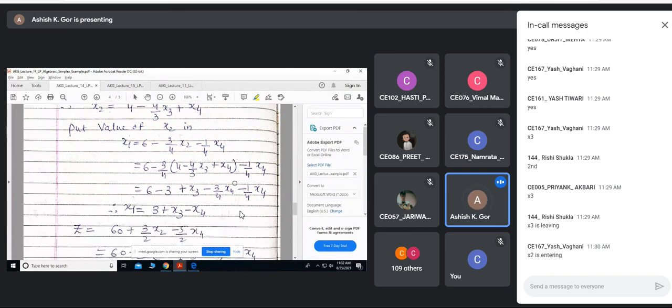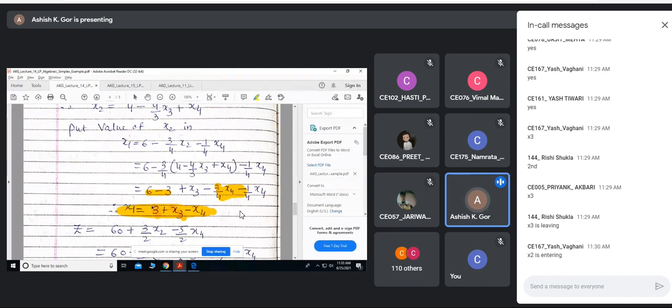If you solve this, it will be 6 minus 3 plus x3, something like this. You can do this. Now 6 minus 3 is 3. x3 is as it is. 3 by 4 and 1 by 4 combine to 1, so minus x4. So x1 is this.